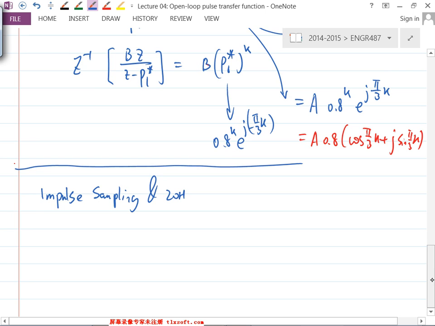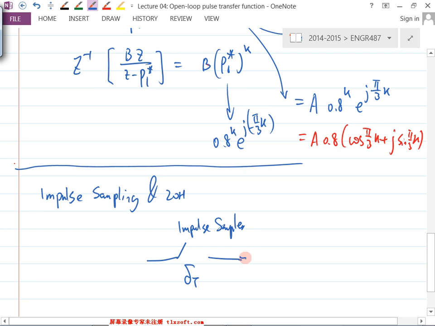So when we talk about the zero order hold, here is a delta t, we call that impulse sampler.